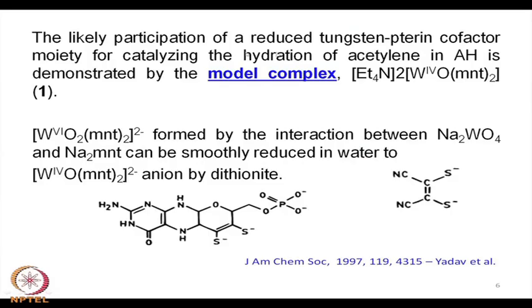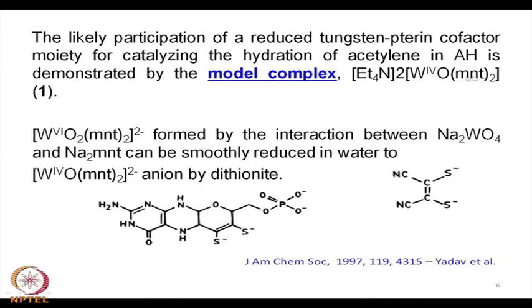So we will see in our next class that we can have a bidentate ligand, say MNT, what that MNT is and how this can be formed. So the ML2 fragment, that means the metal-to-ligand ratio, is preserved.